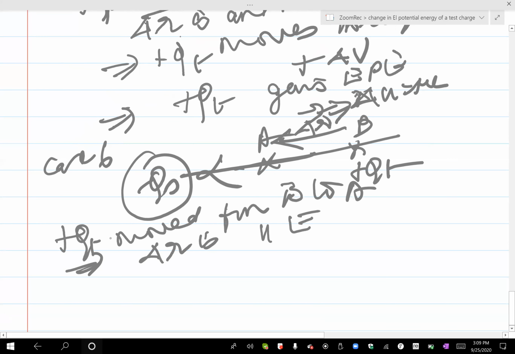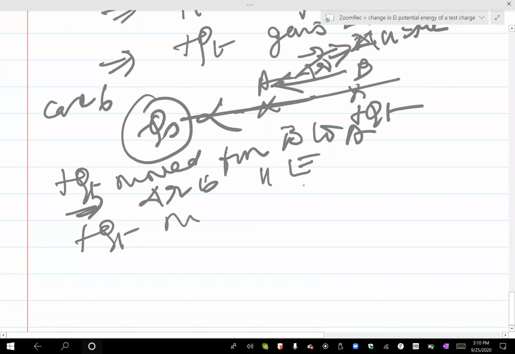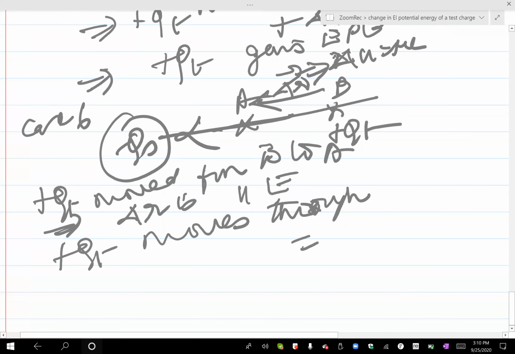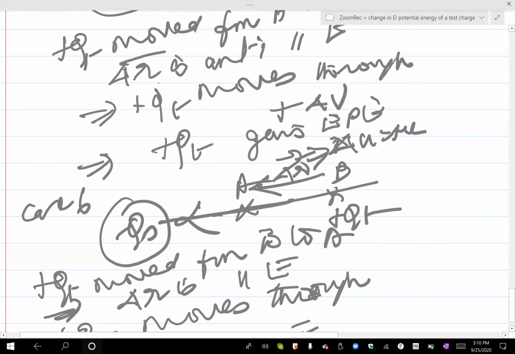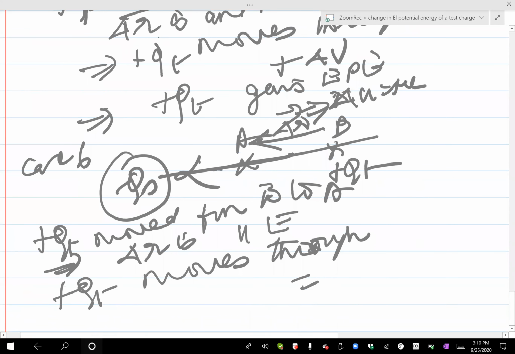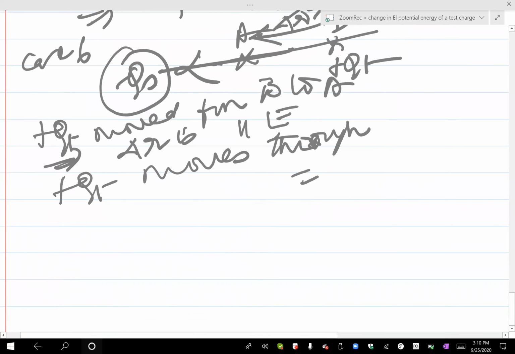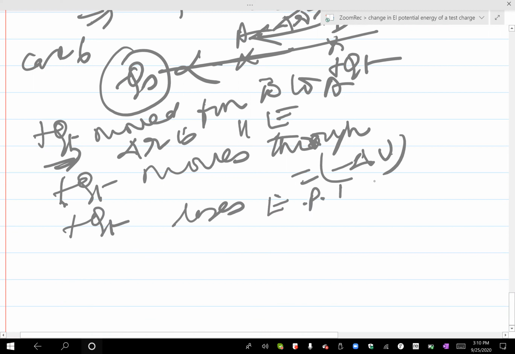That means plus QT moves through, this is positive, moves through a minus delta V because it is parallel to E. Because this is plus and this is minus, the plus QT loses electrical potential energy, if with respect to a negative source charge, it is brought from far off point to a closer point.